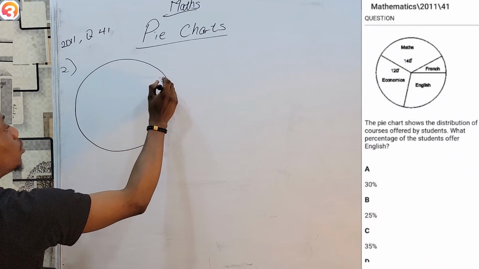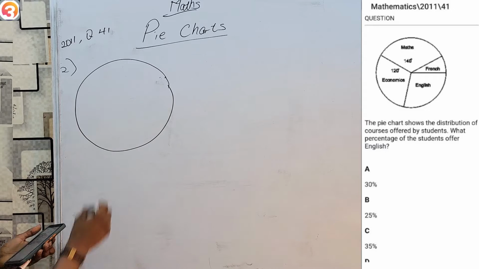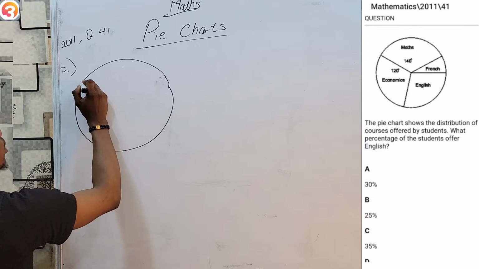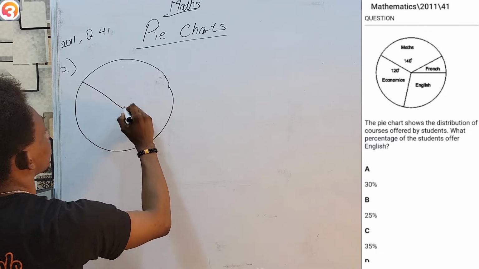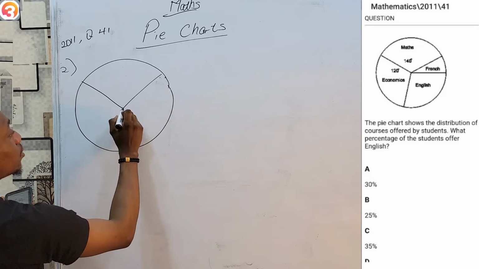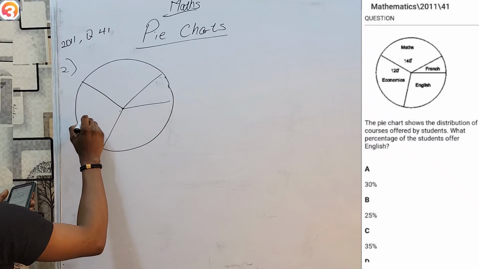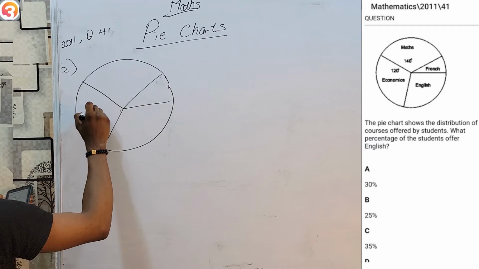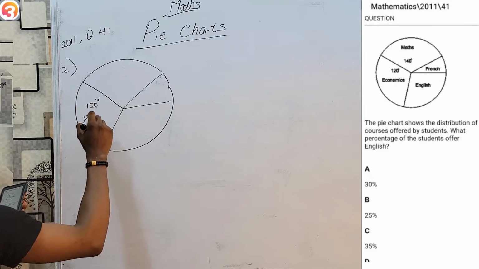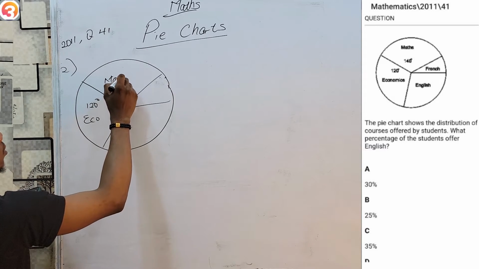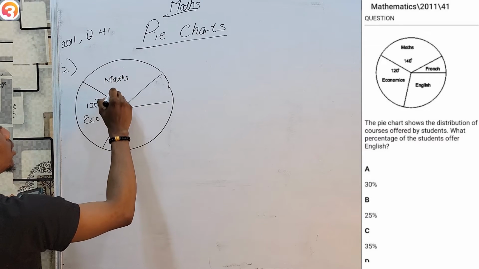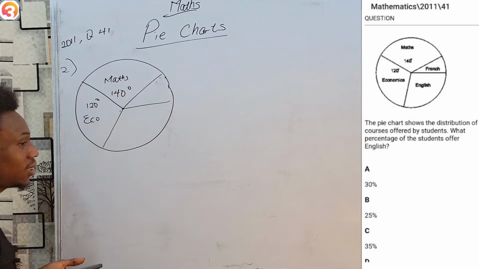So again, we have to draw our pie chart. Then if I label it, as I can see in my diagram on the screen, I know that I have economics here, and this is 120 degrees. I have maths here, and this is 140 degrees.